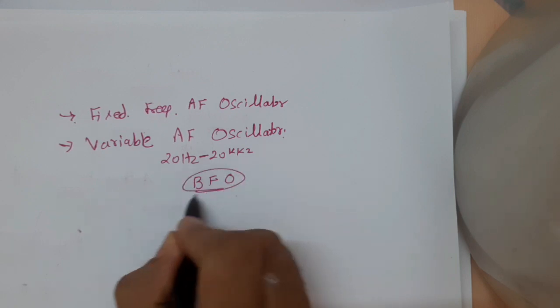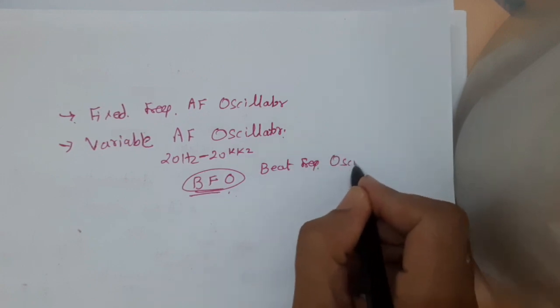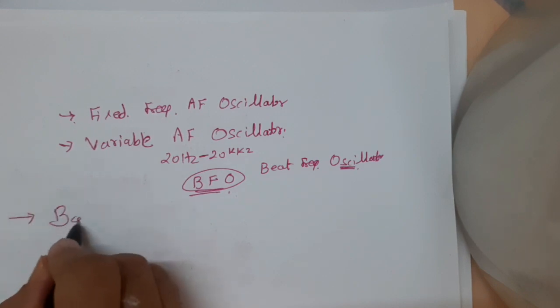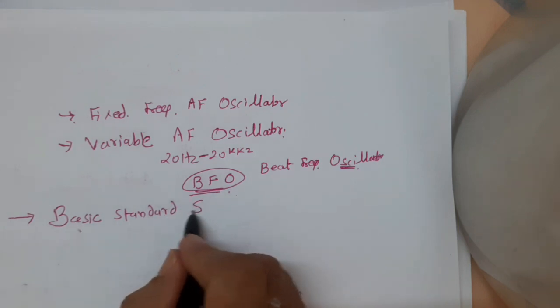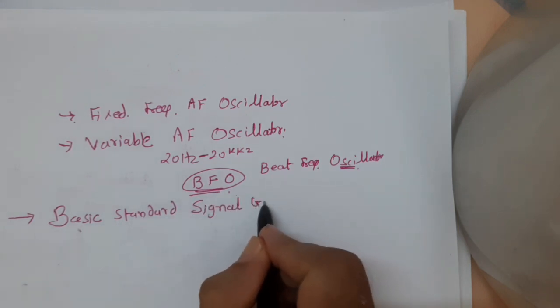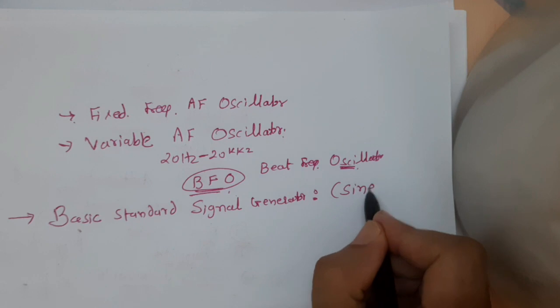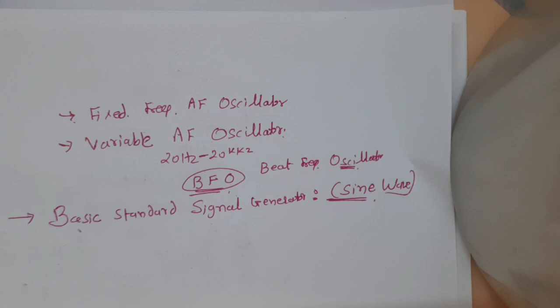BFO, beat frequency oscillator. Now the basic standard signal generator is nothing but a sine wave generator. For this, the structure is nothing but an oscillator and an attenuator.